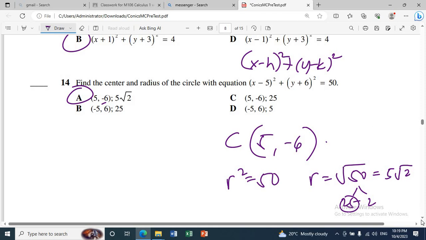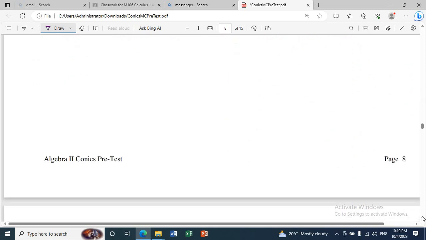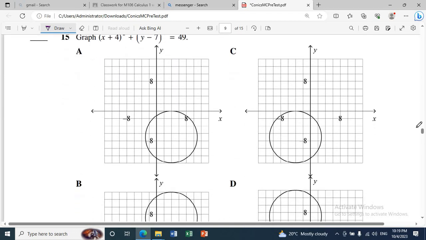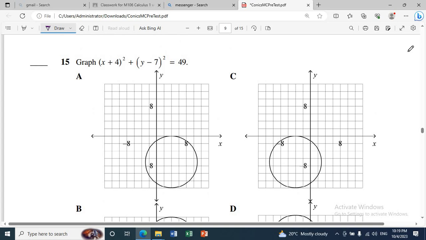Next item, number 15. Graph the following. So this is a circle. This is now x minus negative 4, y minus 7. So you have negative 4 and 7 as your center. R is 7. The location of the center is at quadrant 2.